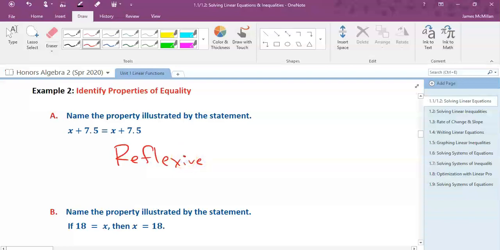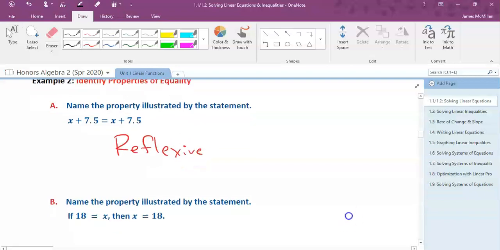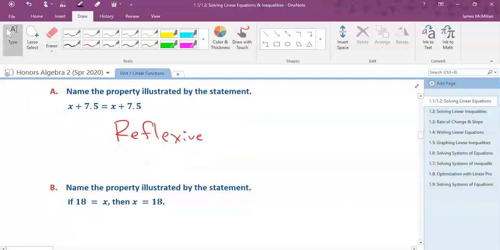Remember, reflexive says that a number is equal to itself. Look at example B. If you said symmetric to A, remember the confusion is that symmetric is like a mirror. Everything's going to flip. And so in B, we see 18 is equal to x, and x is equal to 18. They flipped, so that is symmetric.